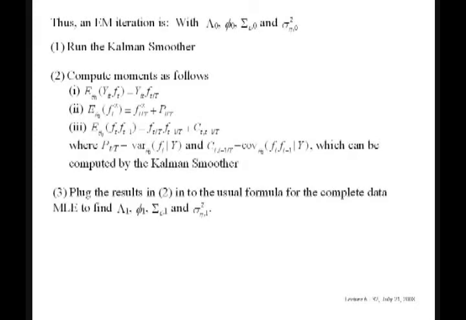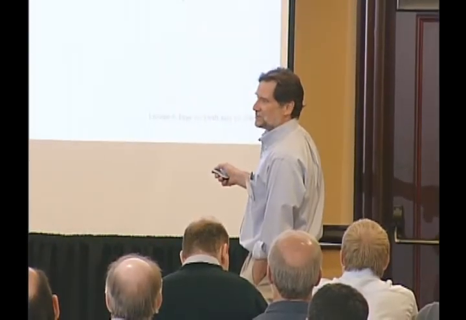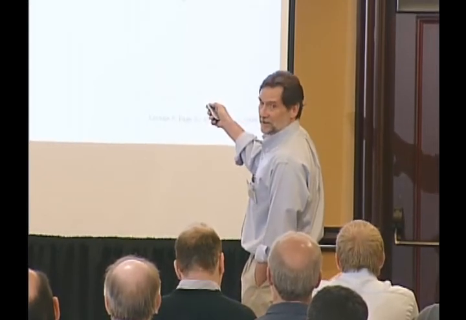Blah, blah, blah, right? So the estimation procedure is really simple here. Guess some parameter values, run the Kalman smoother, compute these moments, take these moments, stick them into a regression package, boom, you get new estimates. Go back up here, do it again, right?